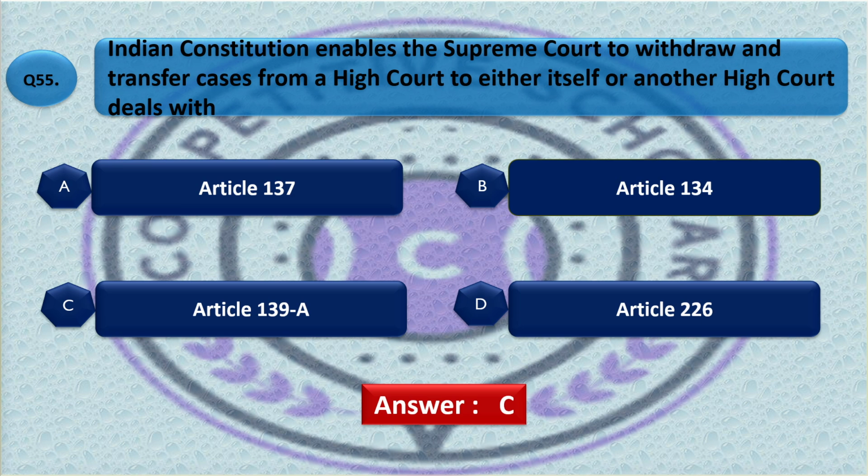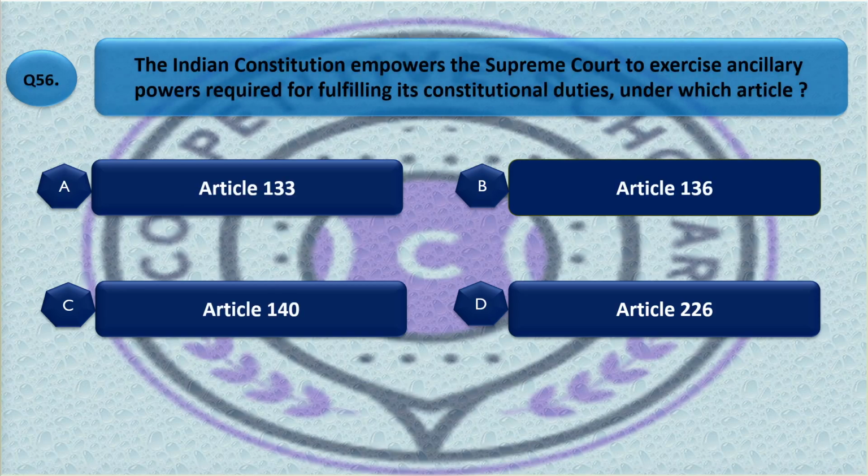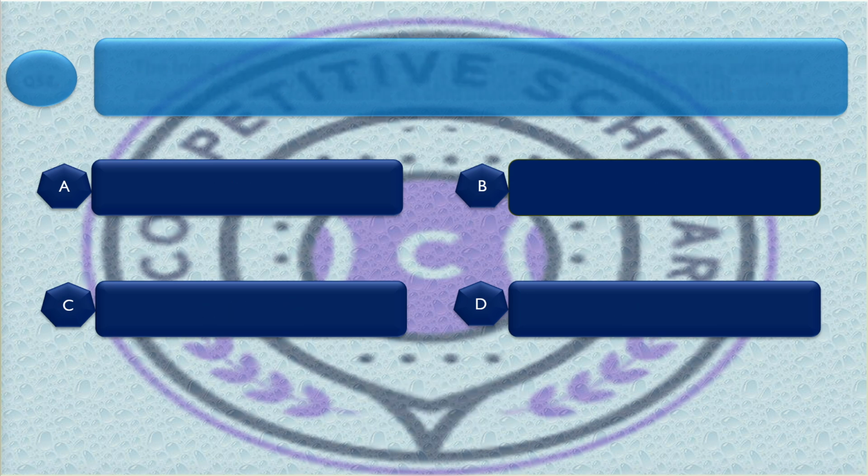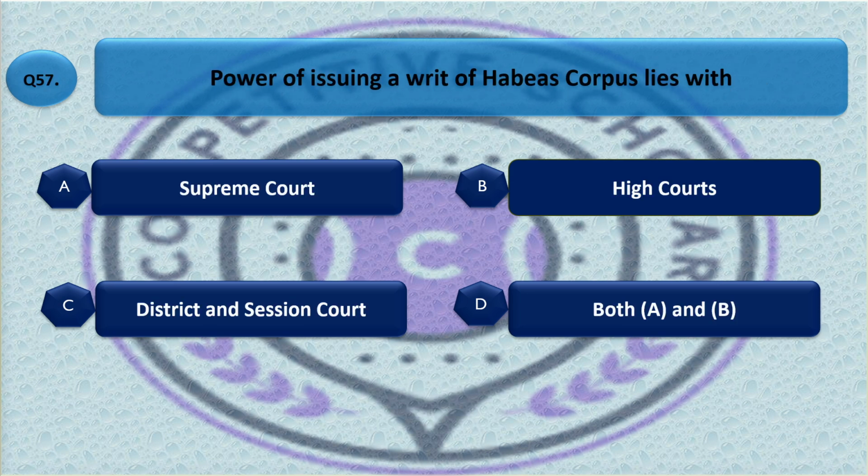Answer is option C, that is Article 139A. Question number 56. The Indian Constitution empowers the Supreme Court to exercise ancillary powers required for fulfilling its constitutional duties under which article? Article 133, Article 136, Article 140, Article 226. Answer is Article 140.